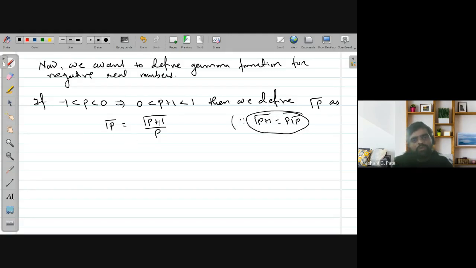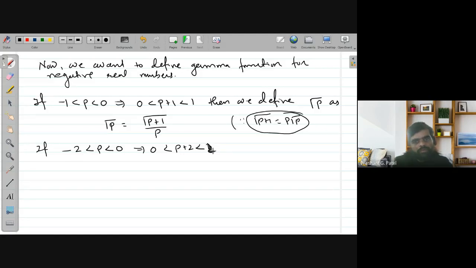Now, if p is between minus 2 and 0, then the idea is to add 2. If I add 2 here, then this will be between 0 and 2.